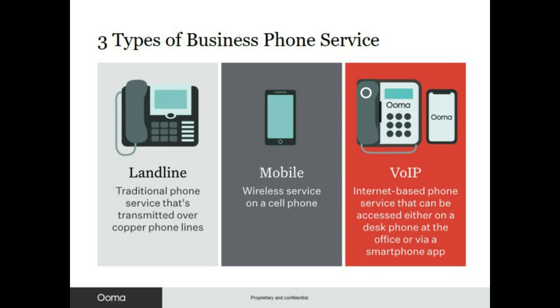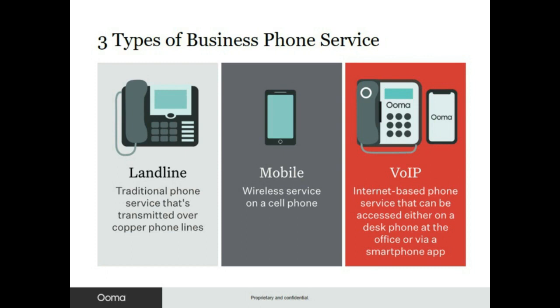VoIP is internet-based phone service that's accessed via either a smart internet phone, an app on your smartphone, or an app on your computer. So we'll spend a little bit more time digging into all of those different types of access points within VoIP.